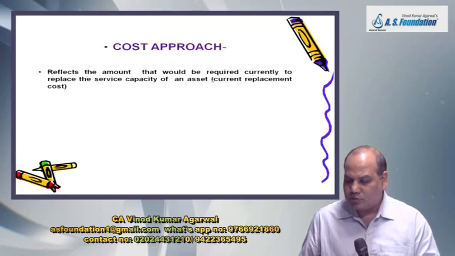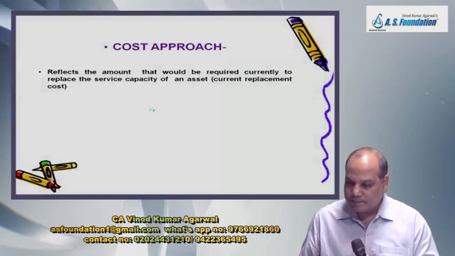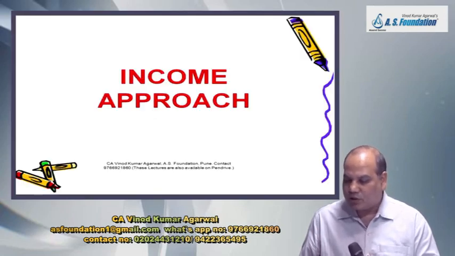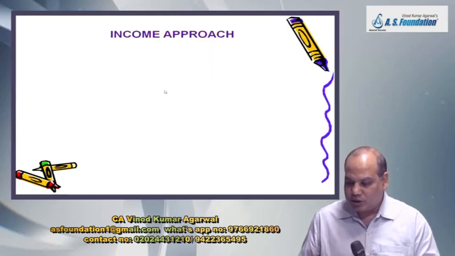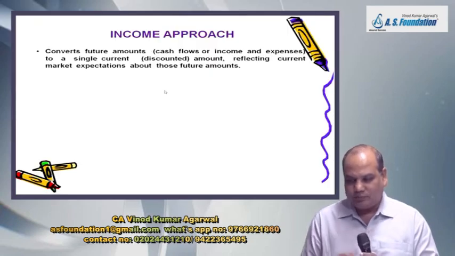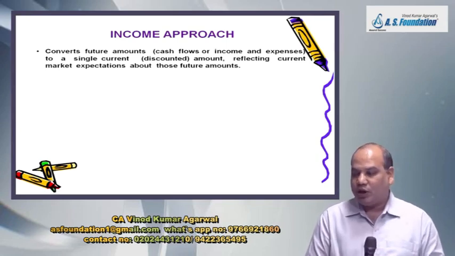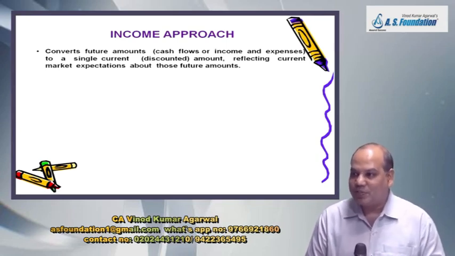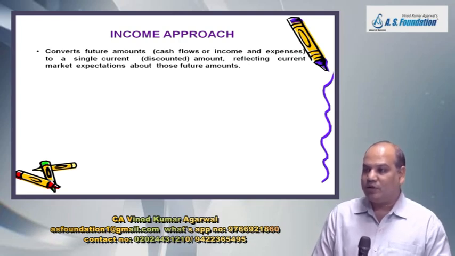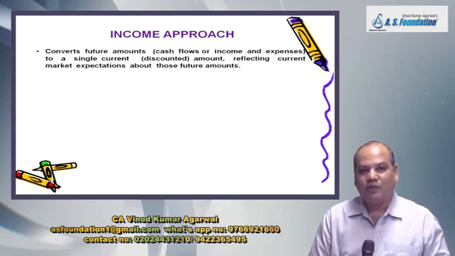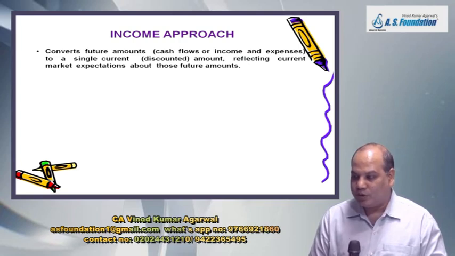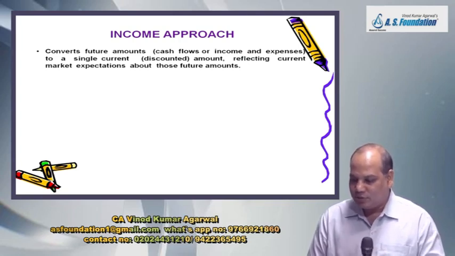Generally used for, say, non-current assets like buildings. And the next is the income approach. This is what is taught in financial management literature. You estimate the future income, future cash flow, future expense, and convert into present value by using an appropriate discount rate. Okay.